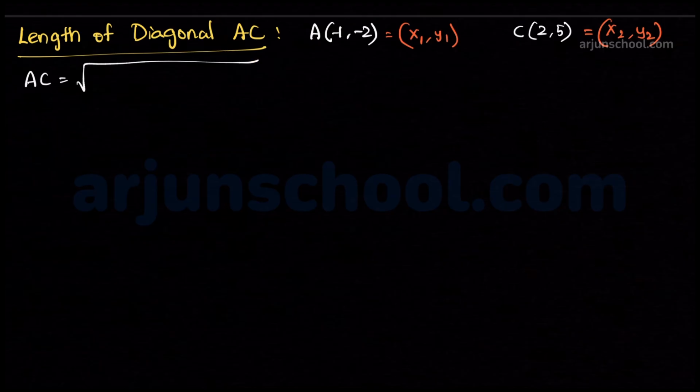First, let us compute the length of diagonal AC. Consider A as (x1, y1) and C as (x2, y2). What is the distance formula for these 2 points? Root over (x2 minus x1) whole square plus (y2 minus y1) whole square.